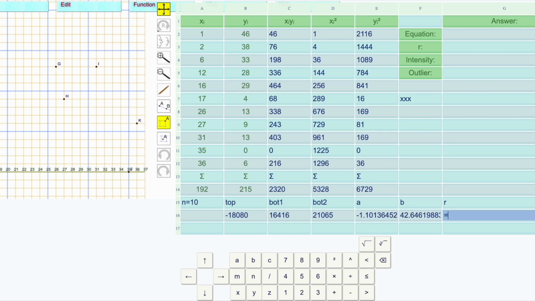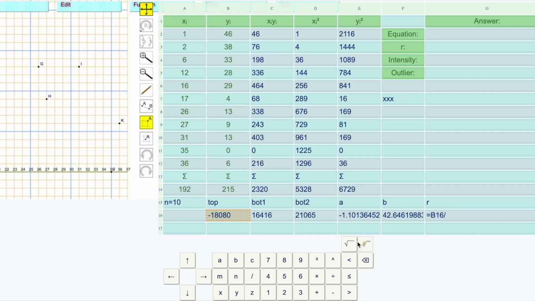The r, the correlation coefficient, is the top divided by the square root of the bottom 1 times the bottom 2, close the square root. We have negative 0.97, which is strong. Our equation is y is equal to negative 1.10136. I'm going to have the 5 tell the 4 to round up to a 5.